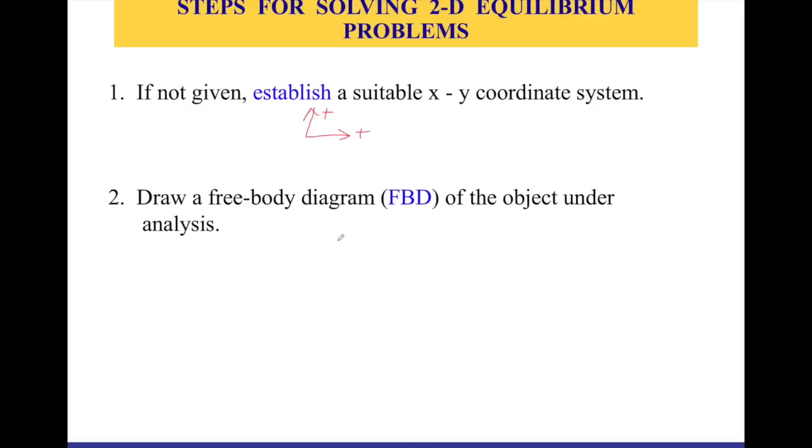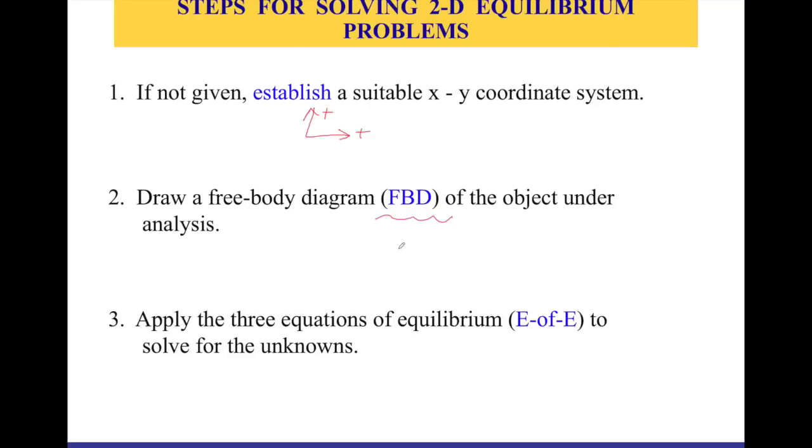The support reactions, we mentioned in the previous video: you can have a roller, smooth pin, or a fixed support. So you need to be able to construct the free body diagram, accounting for all the external forces, active or reactive. You can refer back to that video to learn more about how to do this.